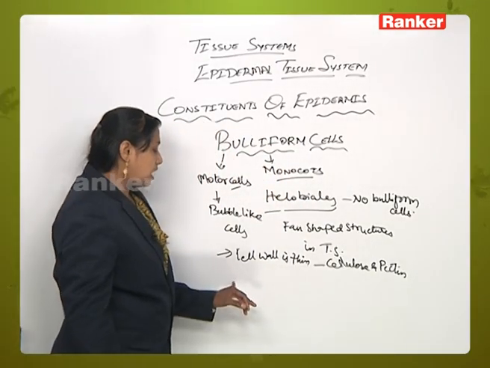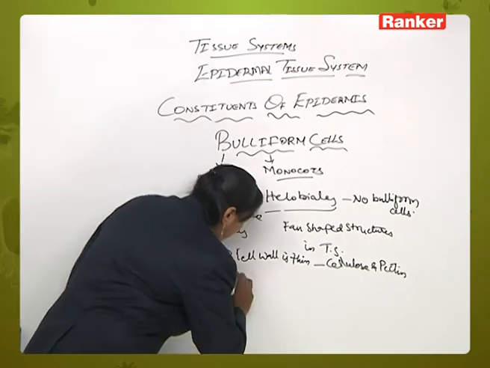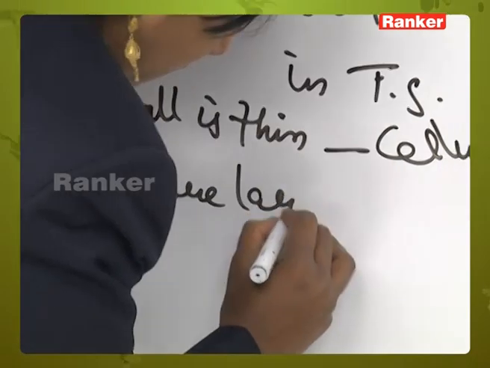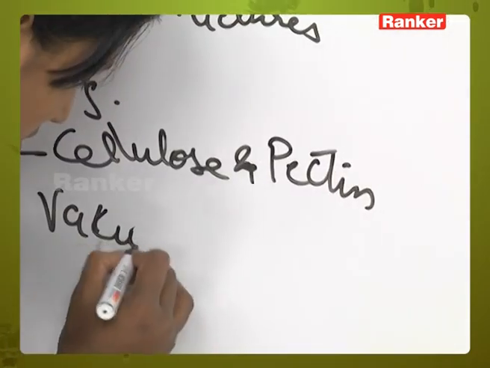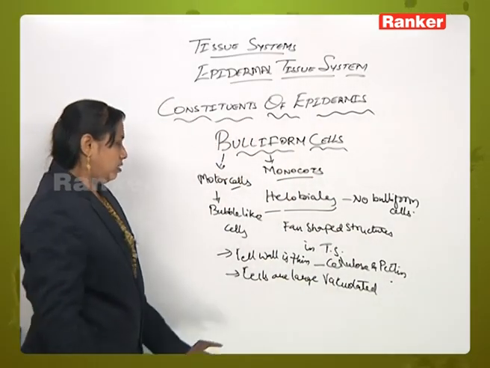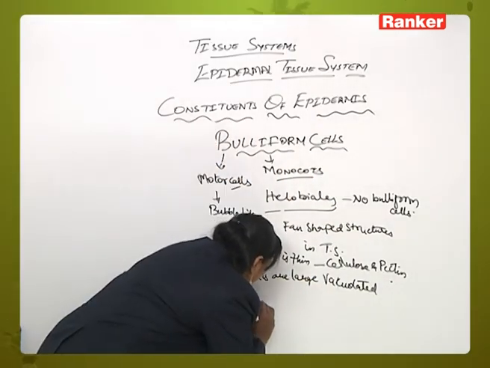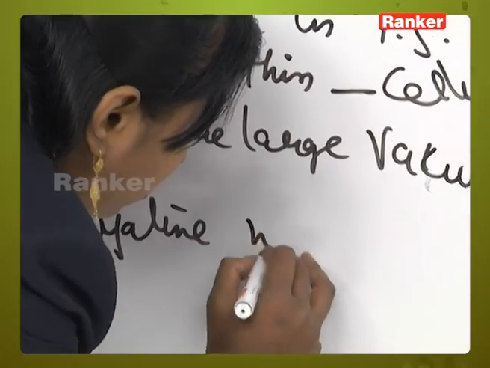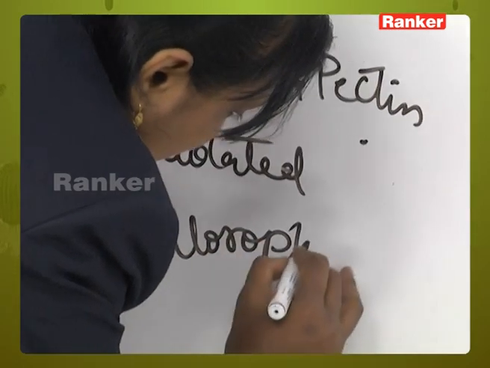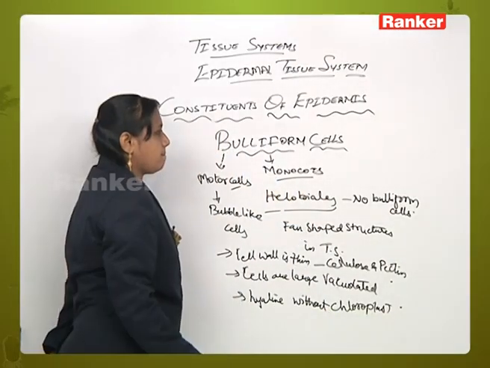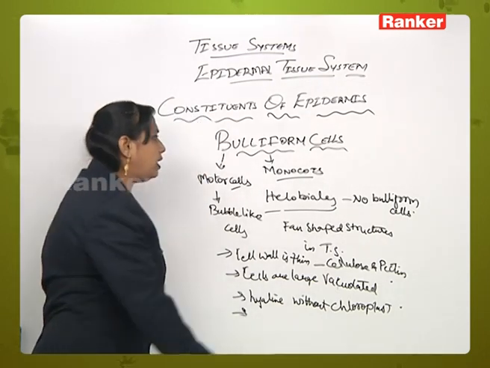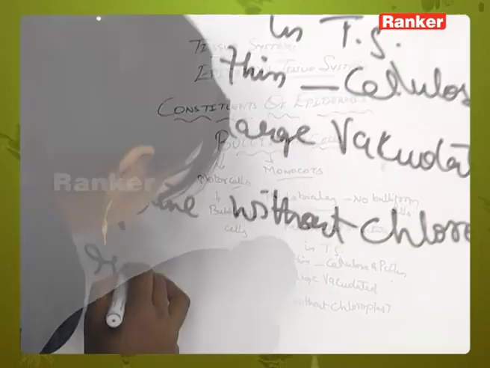The cells are large, vacuolated, and filled with water. These are hyaline, without chloroplast. And what is the use of these cells? These cells are helpful in the rolling and unrolling of the leaves.